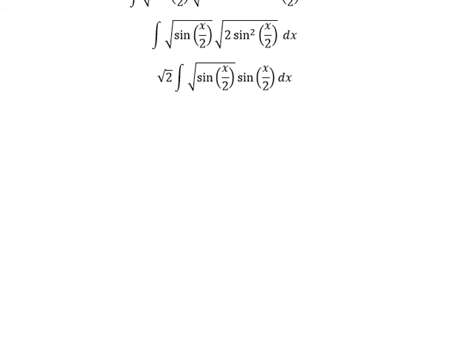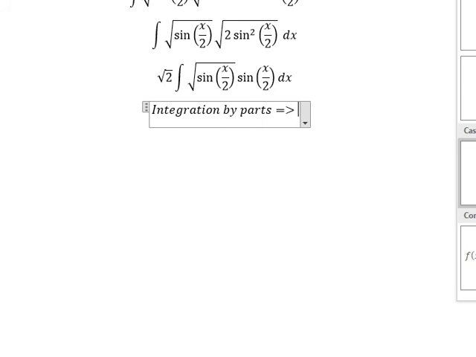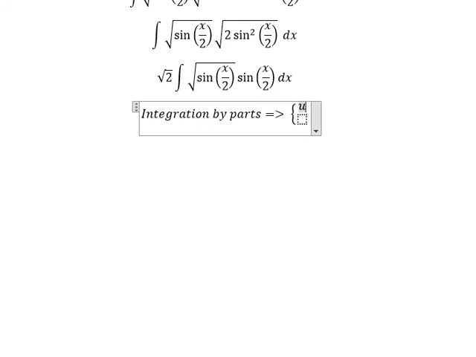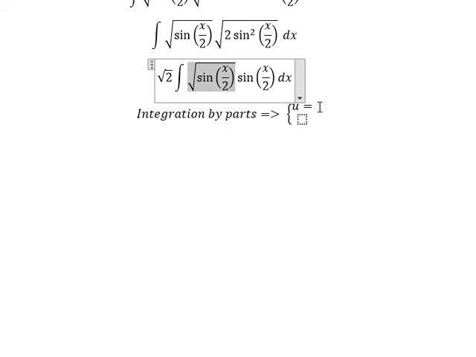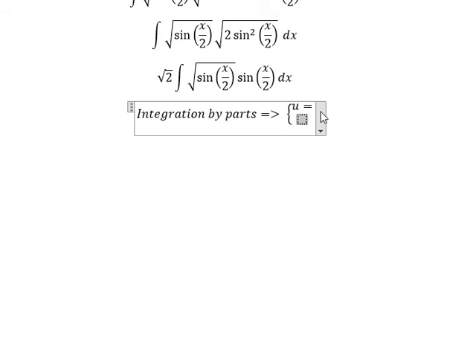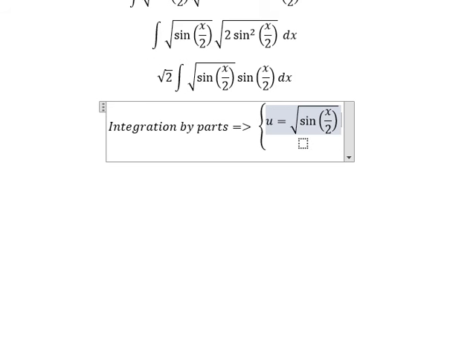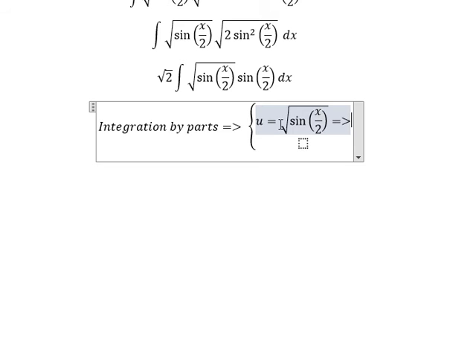Next, we can apply integration by parts. So we have u and dv. U equals for this one, that's about the square root. So we do first the derivative in both sides.